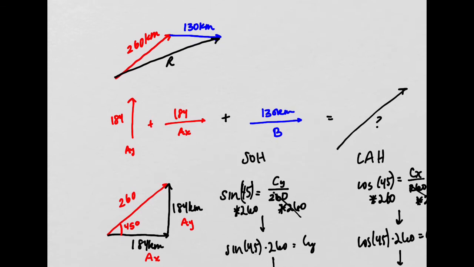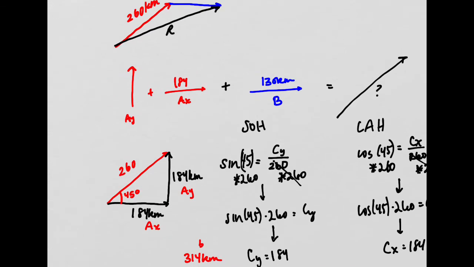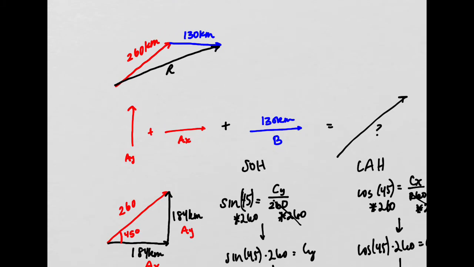So remember what we did is, we didn't know this part yet. What we did here is I need to break this vector down into its vector components, into its AX, into its AY. And then, once I do that, I can add those to B in order to solve for my resultant.